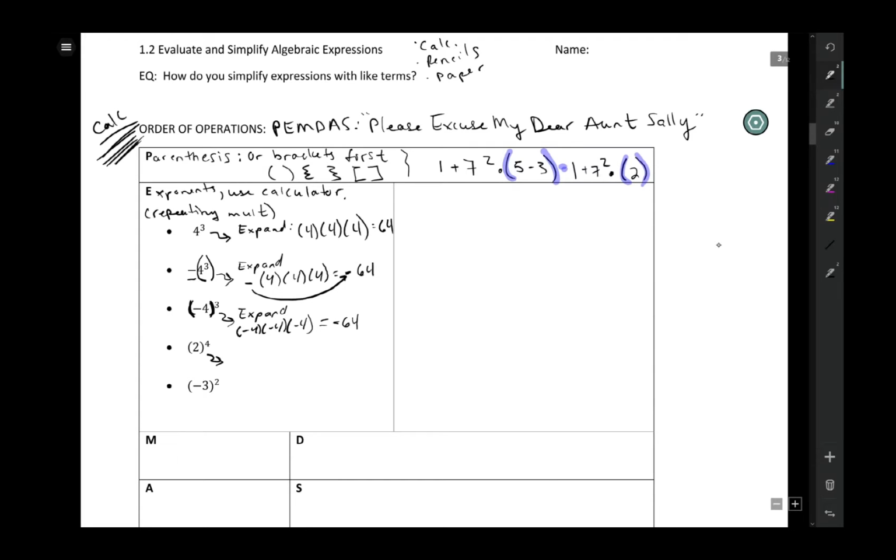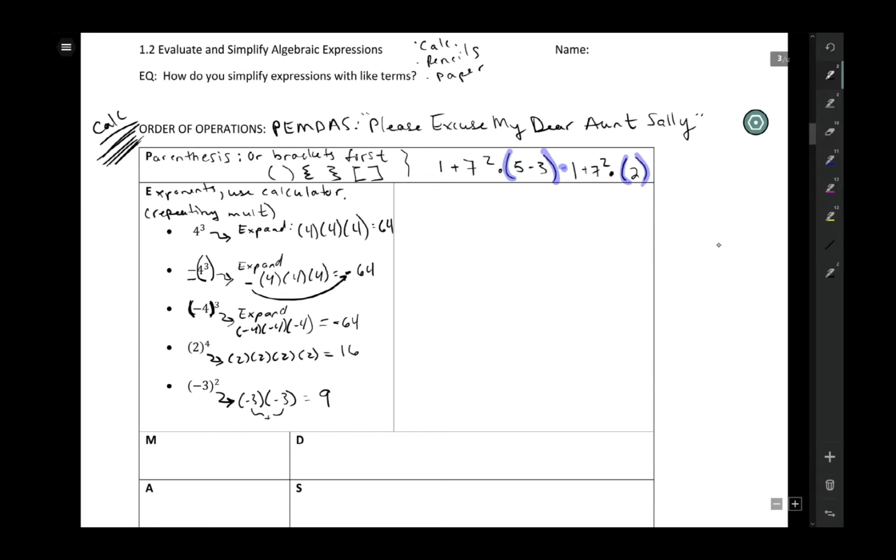2 to the fourth is 2 times 2 times 2 times 2. 2, 4, 8, 16. And negative 3 squared, this is where it can be tricky if you don't expand it properly. So this is negative 3 times negative 3. Well, negative times a negative is a positive.